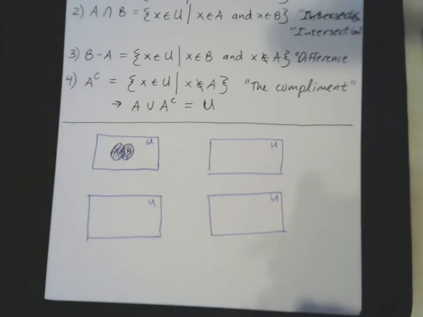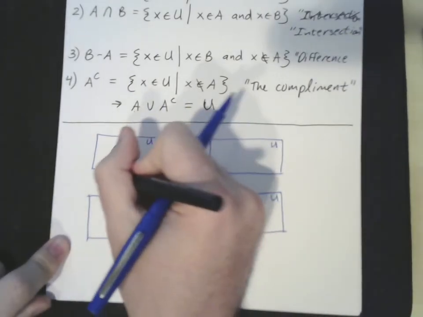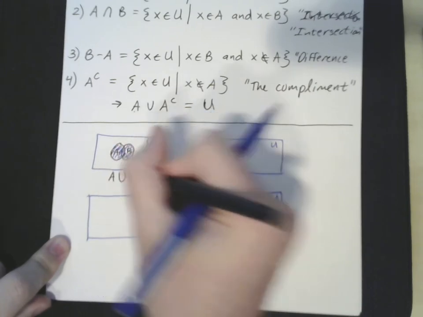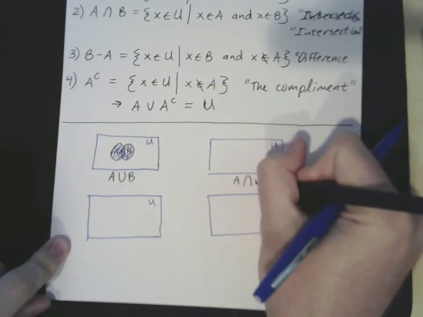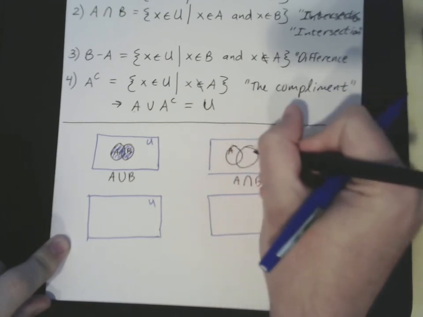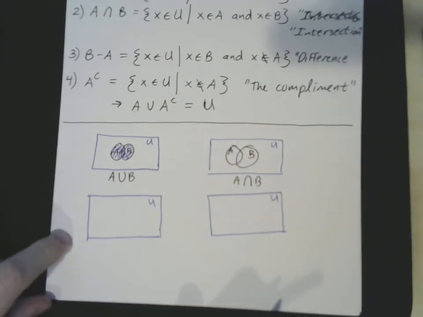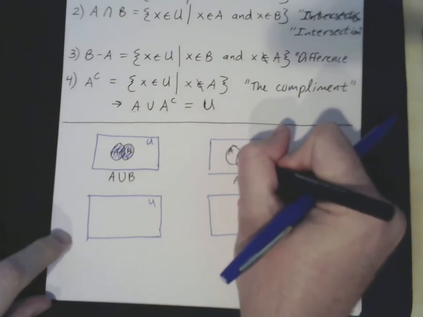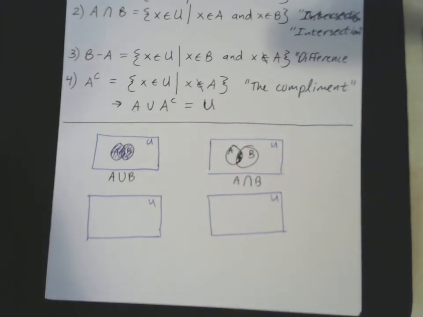Then we have, so this would be A union B. Do A intersect B. So if this is A and this is B, the intersect, as we know, is just the things that are in both.